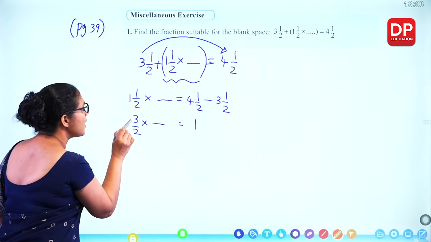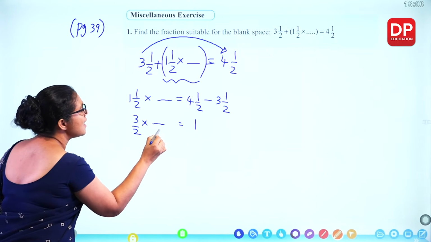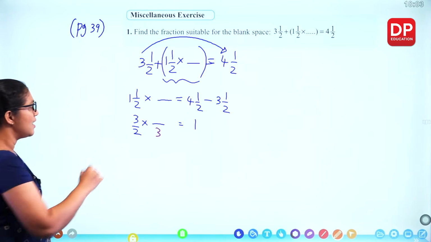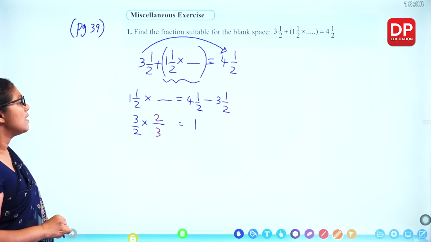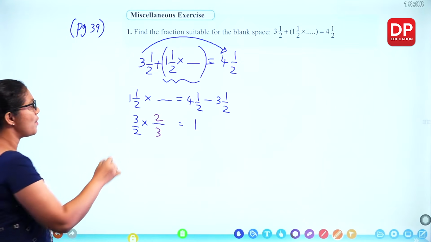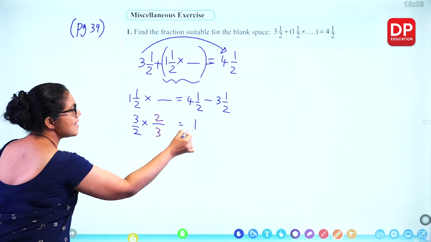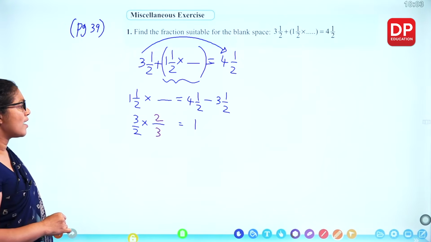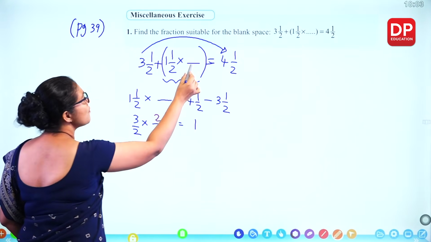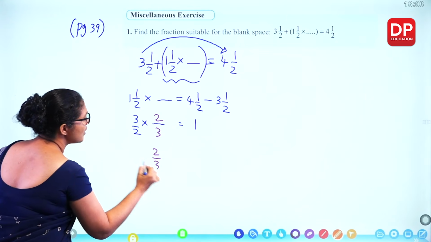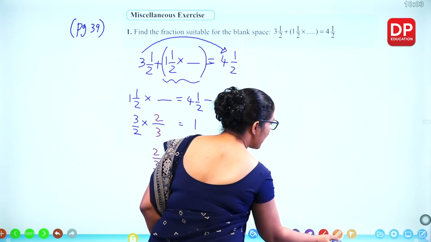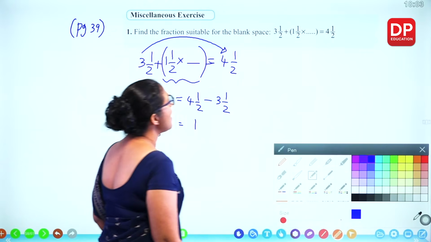So you can think of, if this is 3, this should be 3. If the denominator is 2, you need to multiply by 2. So when you simplify, you can see you get 1. So what's the answer for this blank? That should be 2/3.